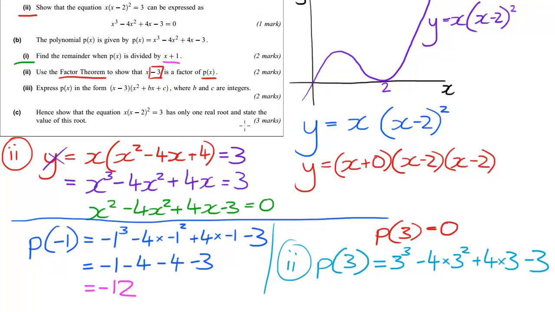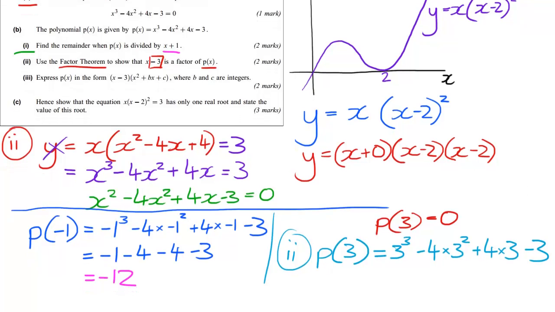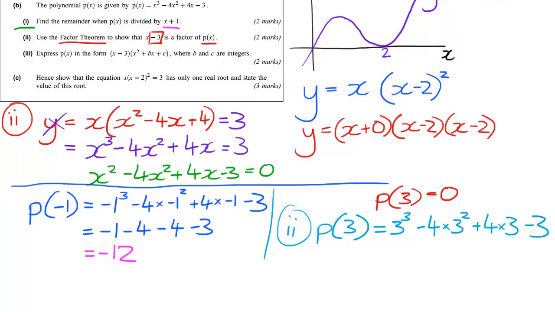So let's have a different colour. I'm going to go down a little bit. I hope you can still see the question up there. So that's going to be equal to 27 minus 4 times by 9, so minus 36, and then plus 12 minus 3.